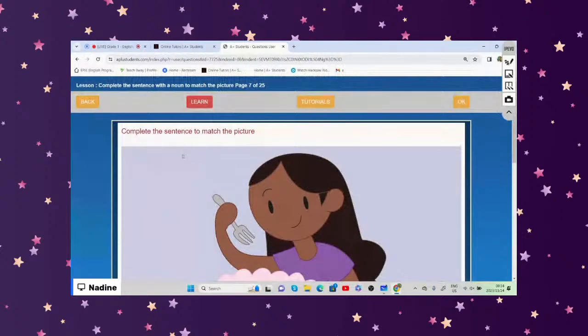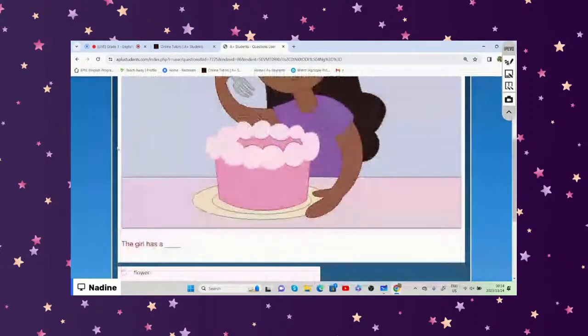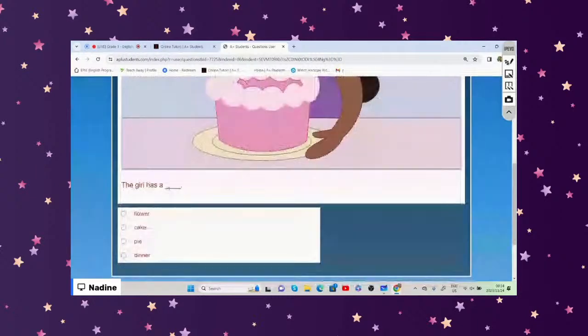So we can say, if we look at the picture, the girl has a, does she have a flower? Does she have a cake? Does she have a pie? Or does she have dinner?